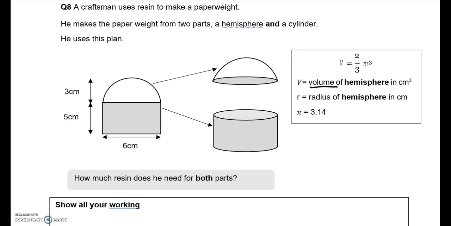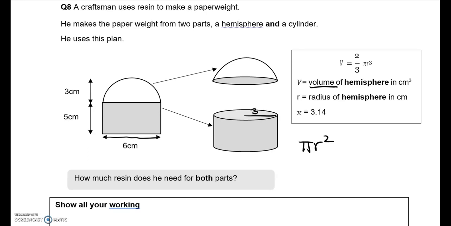So working out the volume of the cylinder first, we know that the diameter is 6 centimeters, we can see here. So the radius will be 3 centimeters. So pi r squared is the formula for working out the area of the top of the cylinder.